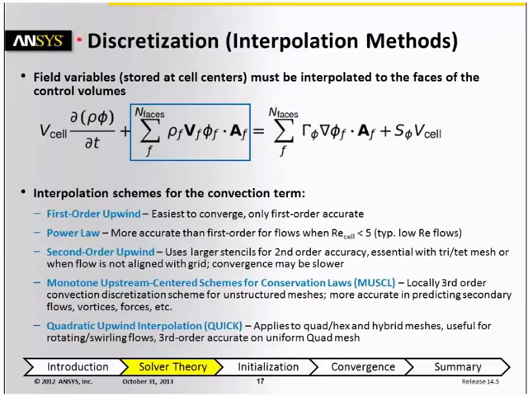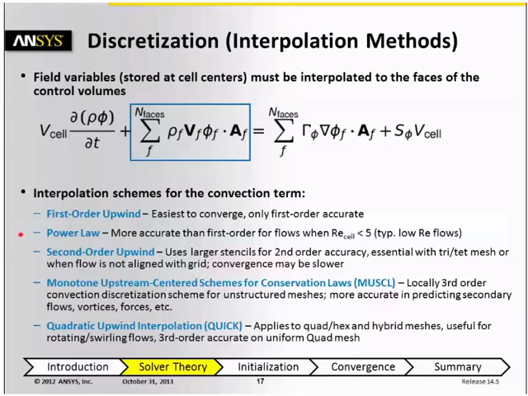Similar to pressure, when we have a convective term in an equation that we're solving, we need to interpolate values from the cell centroids to the faces of the cells in order to compute the convective flux into the cell. The schemes available to do this are the first order upwind scheme, which is the easiest scheme to converge, but it's only first order accurate.